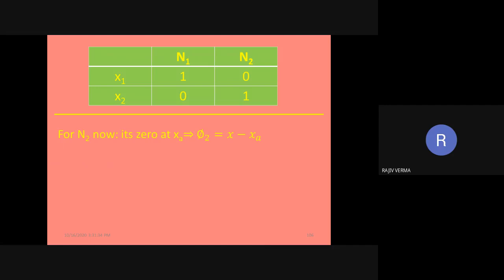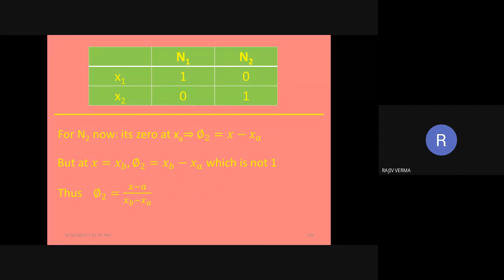So the expression for phi2 becomes x minus xa, because phi2 is supposed to be 0 at xa. Now in the next step, we evaluate phi2 at xb. That gives us xb minus xa, which is not 1. Therefore, we divide the expression by xb minus xa to give you the resulting expression of phi2.